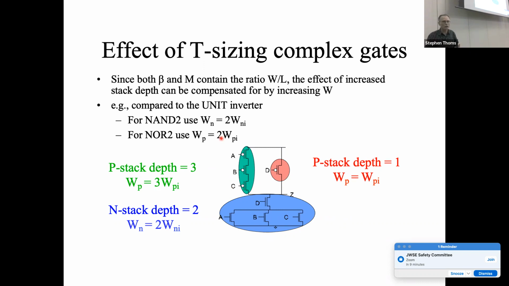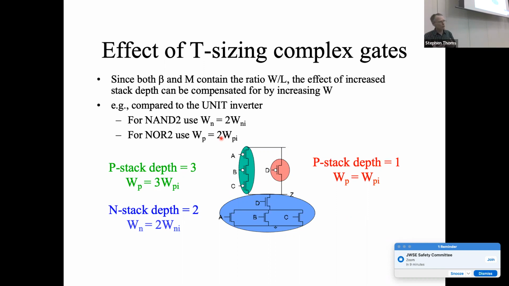That sounds like a fairly straightforward thing to do. For the NOR gate, you could just double the width of the PMOS transistors, because in the NOR gate, it's the PMOS that are in series. So you could just double the widths, and that just brings everything down to what it should be.